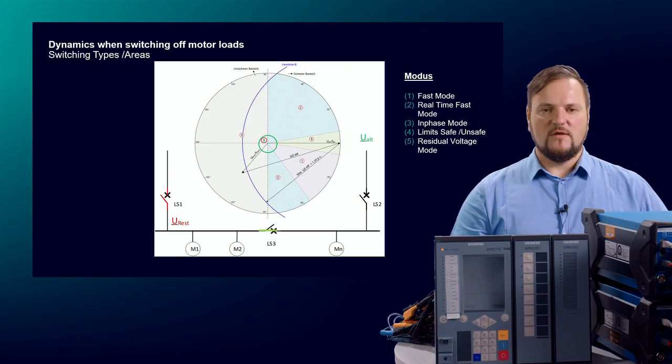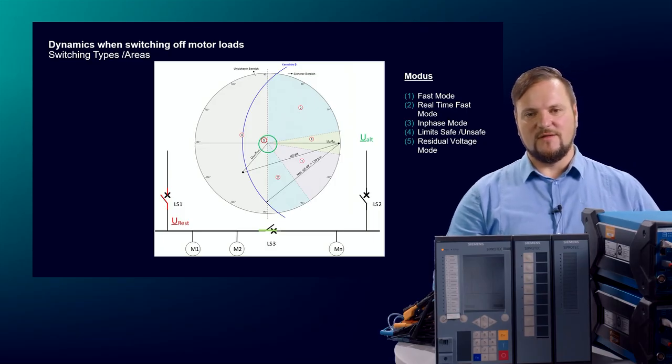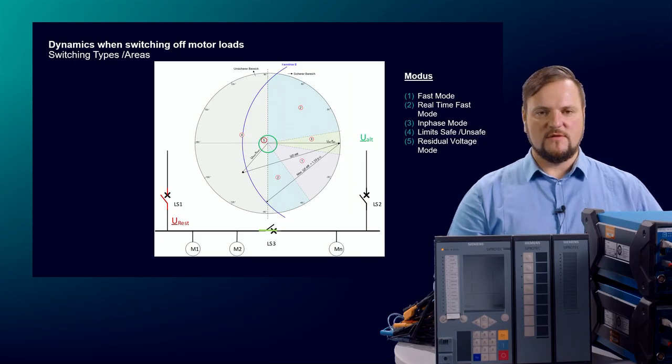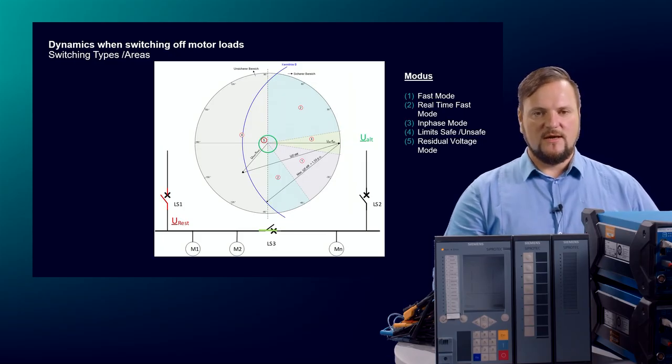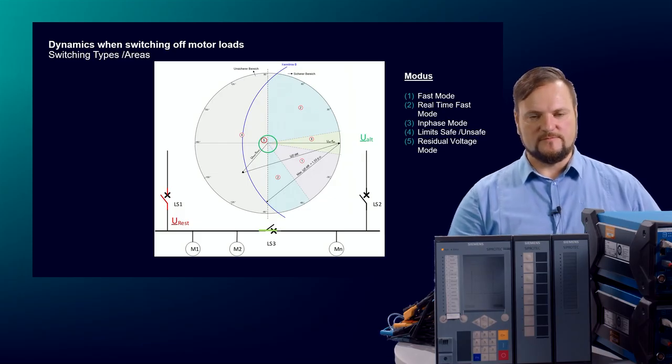Due to that, it is forbidden to transfer in area 4. So therefore, we have only these 3 possibilities to transfer: fast mode, real-time fast mode, and in-phase mode.